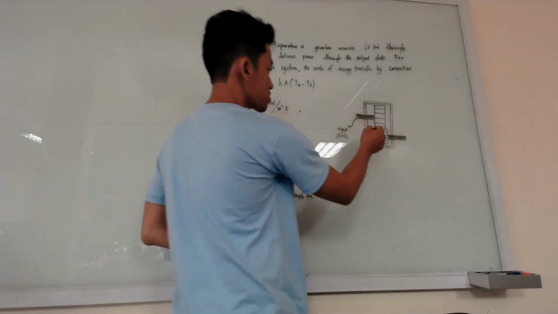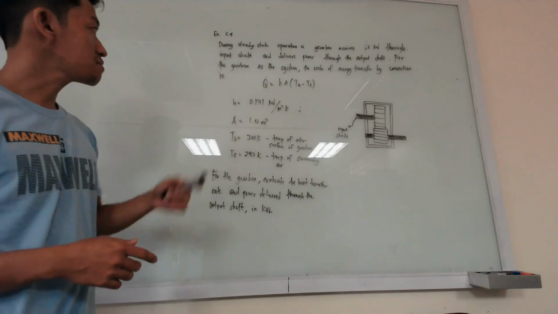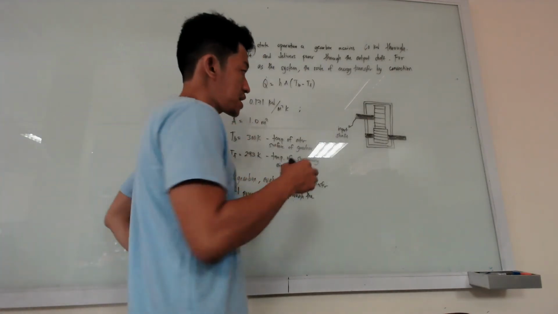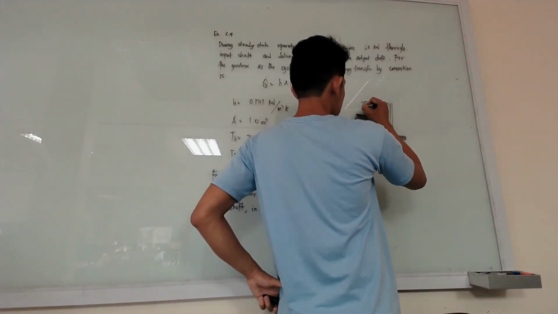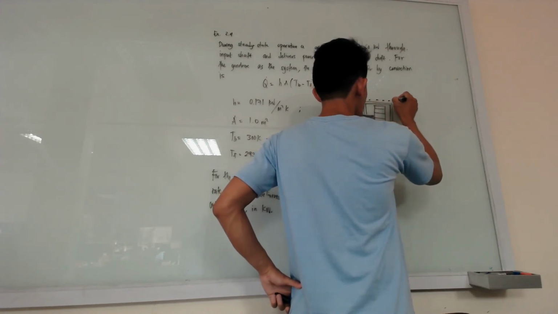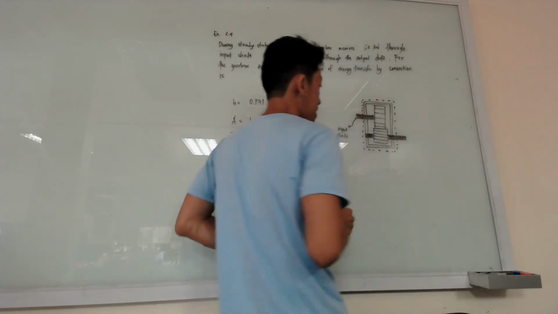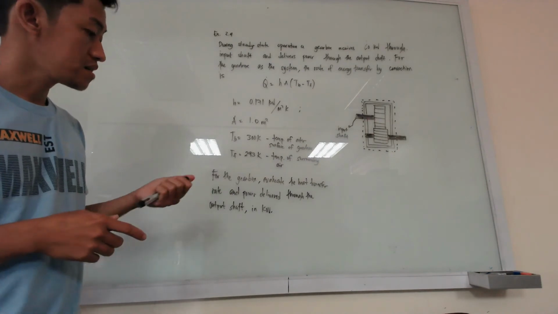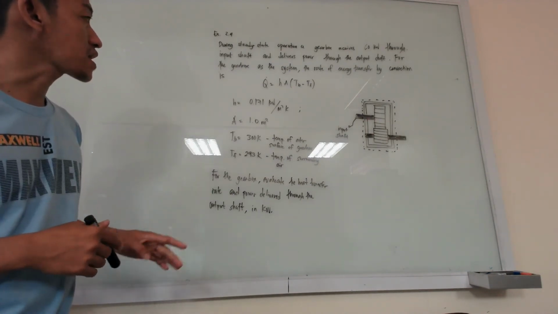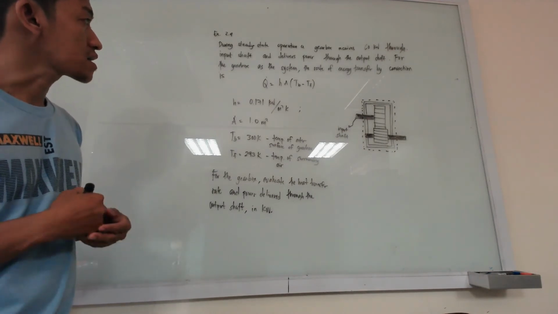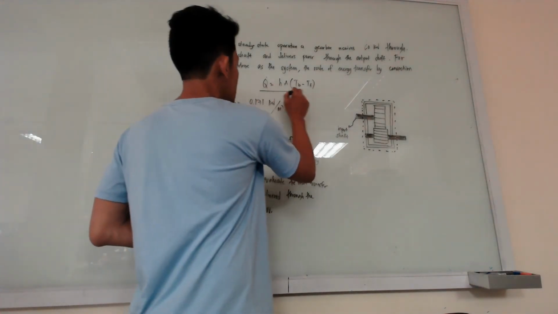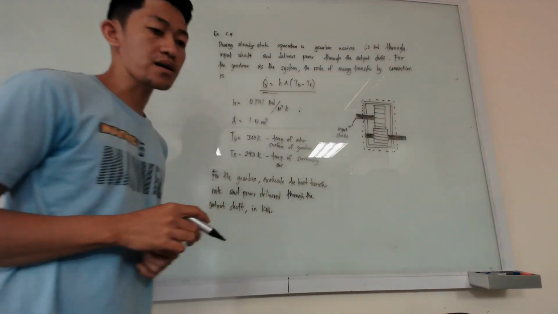So this is the output shaft. For the gearbox as the system, so this statement is important. It means this is our system boundary. This system boundary is important, as we will learn later on. For the gearbox as the system, the rate of energy transfer by convection can be found using this formula.